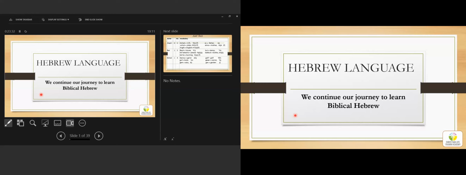Anglit is English, and it is an A with the patach underneath, and the double L thing.